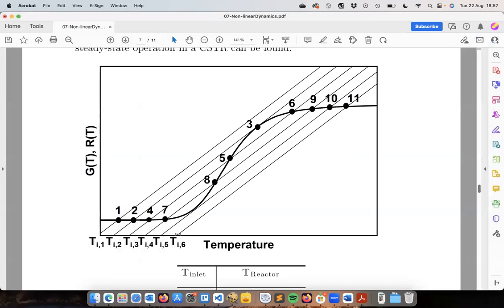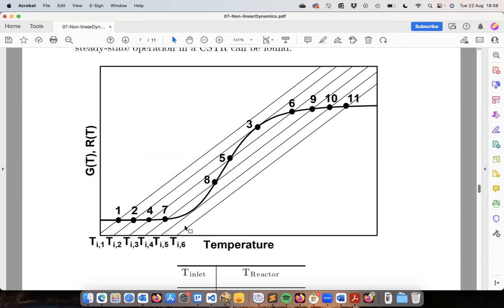So down here, we said G is greater than R, so the temperature will tend to rise. So that means if we start here, the temperature is going up. So temperature is rising, so we are moving to the right here. And we can see as we move in this direction, our R is increasing here. Our G value is also increasing. Let's think about a point here.